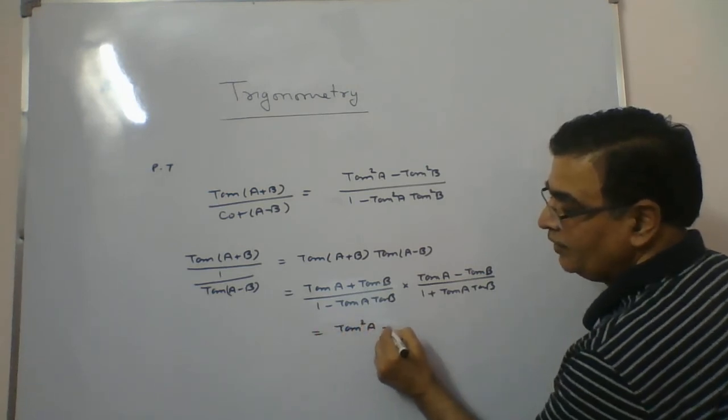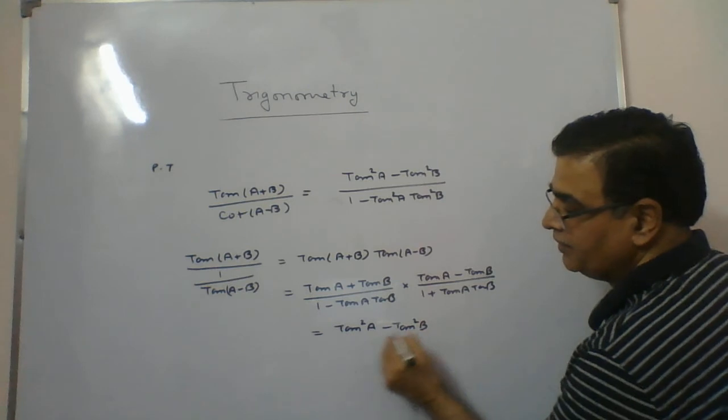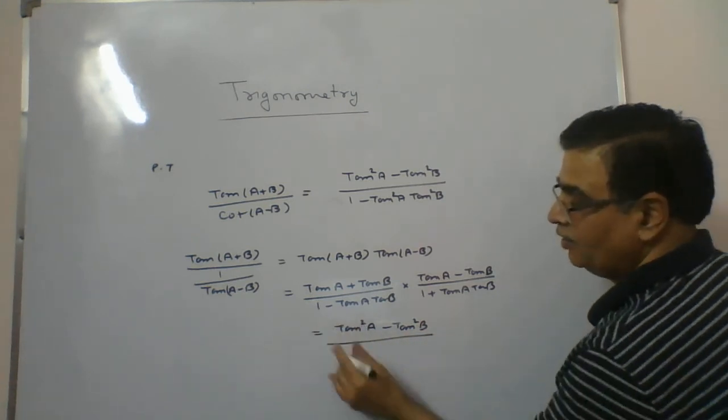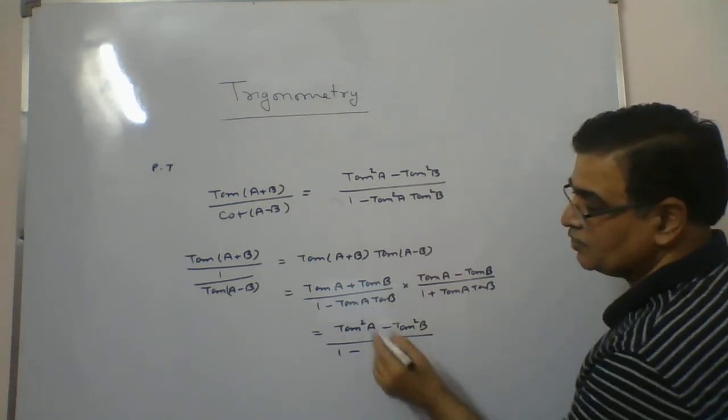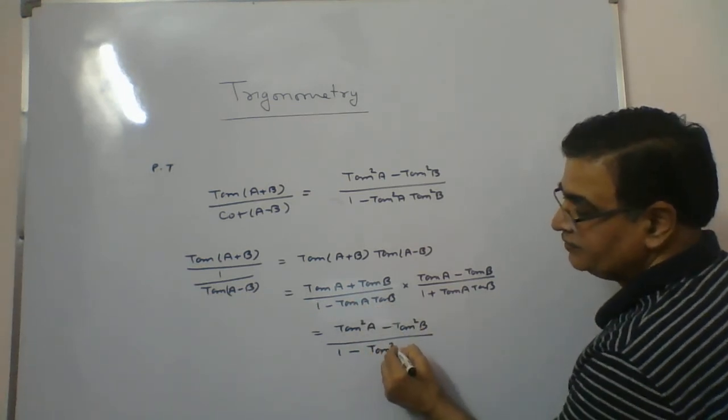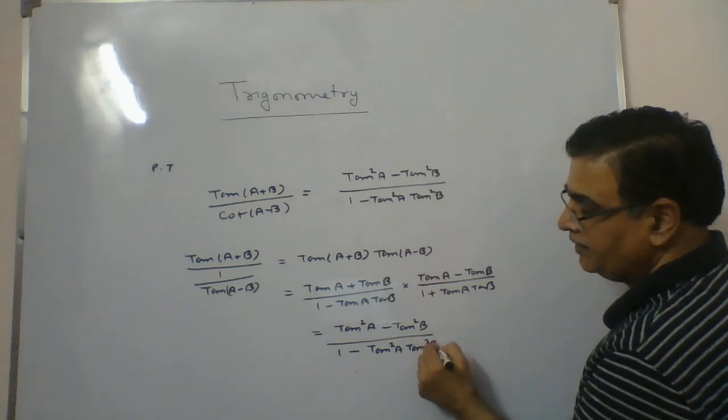So it will be tan square A minus tan square B whole divided by 1 minus, again A minus B, A plus B, so 1 minus tan square A tan square B.